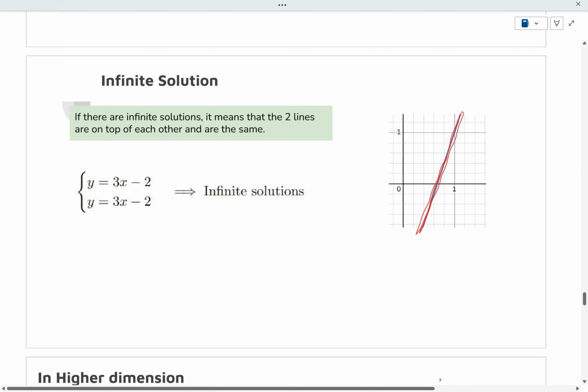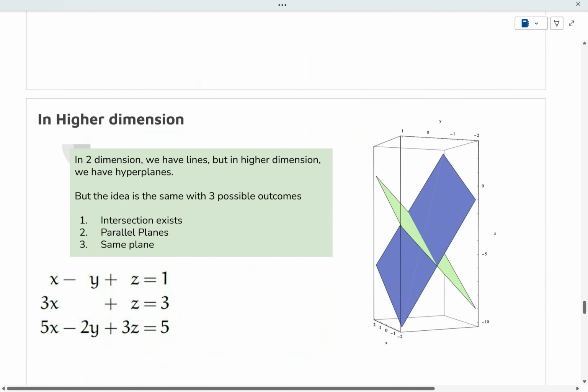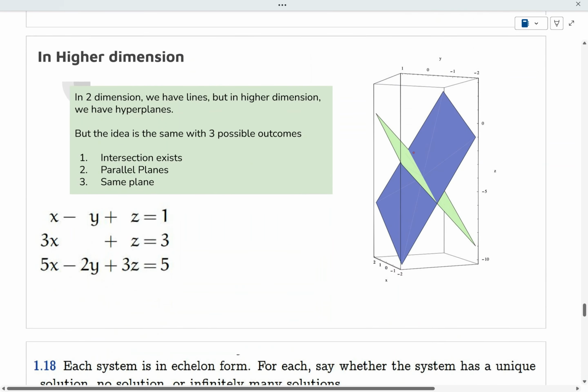It's the same line. If it's the exact same line, then every single point is an intersection. This is easy to see in 2 dimensions. In higher dimensions, it's harder to visualize, but the idea is the same. In this particular case, the intersection is right here, so you do have an intersection.